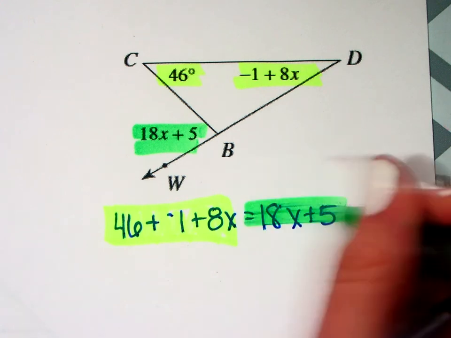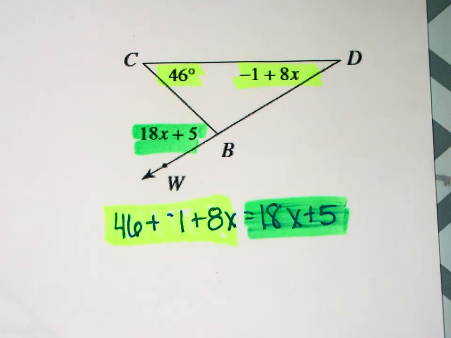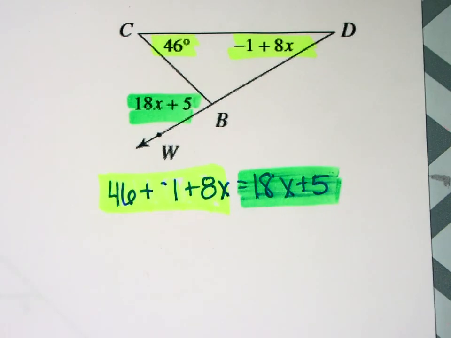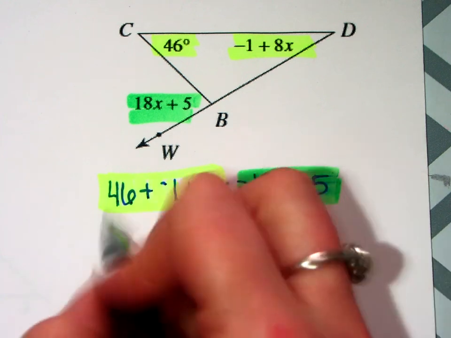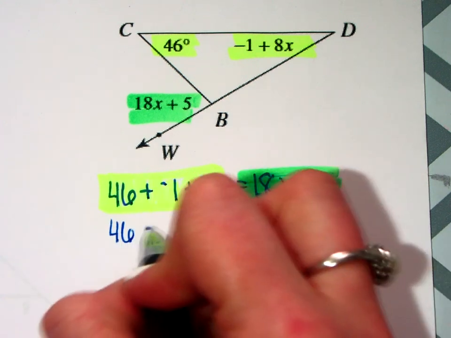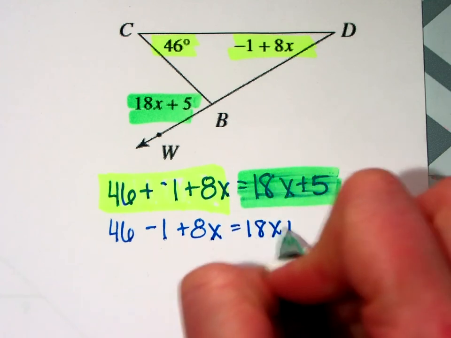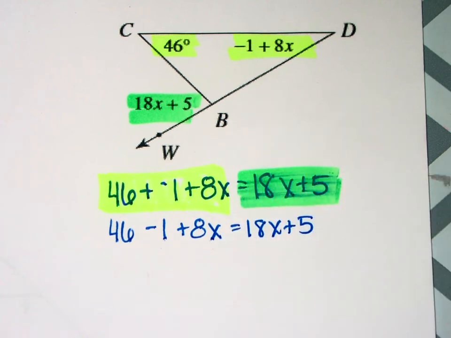Now, I did a very elementary math thing. I went ahead and wrote plus a negative. Remember, when you add numbers together, even if it's negative, it's okay to change the plus to a minus because the positive and negative make a negative. So I'm going to rewrite this as 46 minus 1 plus 8x equals 18x plus 5. It is the exact same thing.